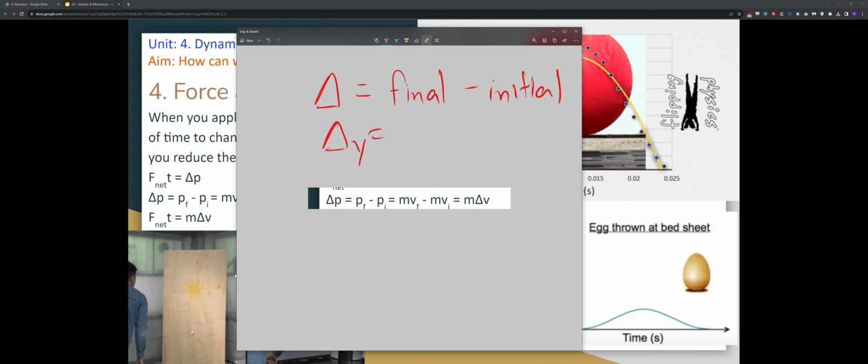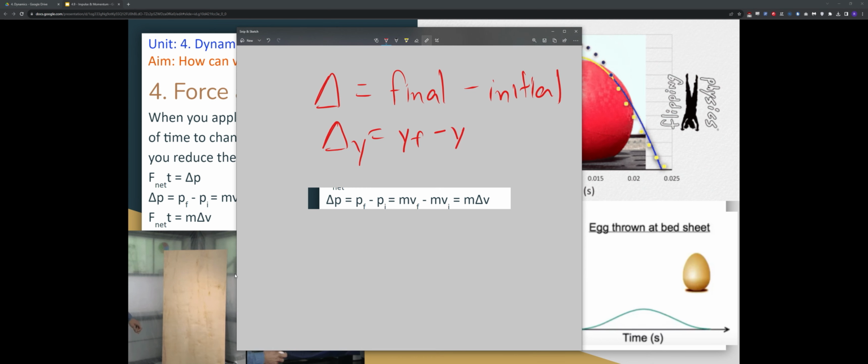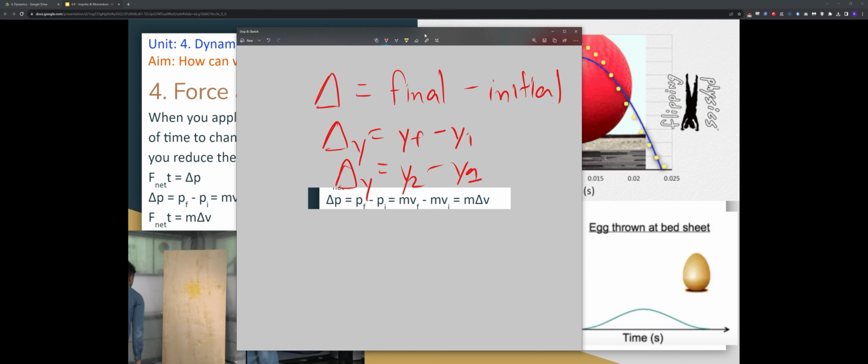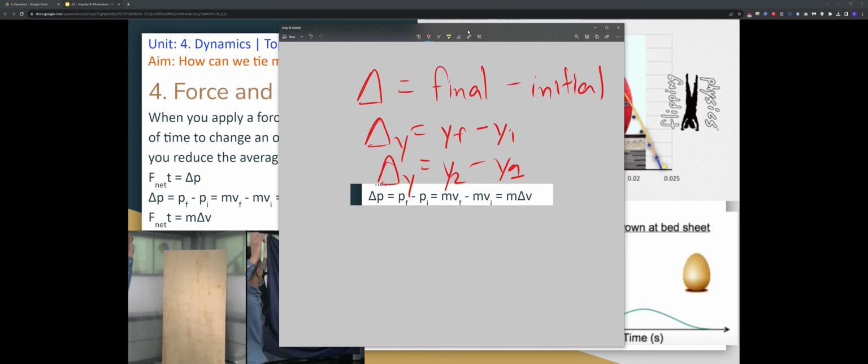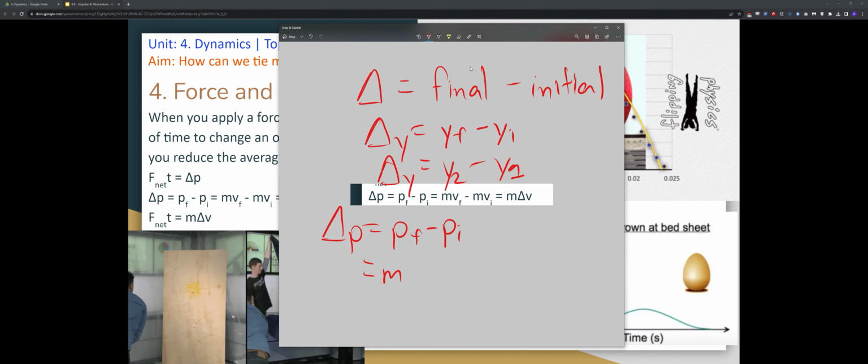Change in y is essentially your final y minus initial y, or as you're used to, your second y minus your first y. That's just what delta means: delta is your final minus initial. If we put delta p here, that would be my final momentum minus my initial momentum. And if we further break it down, my final momentum is equal to mass times final velocity, minus mass times initial velocity.